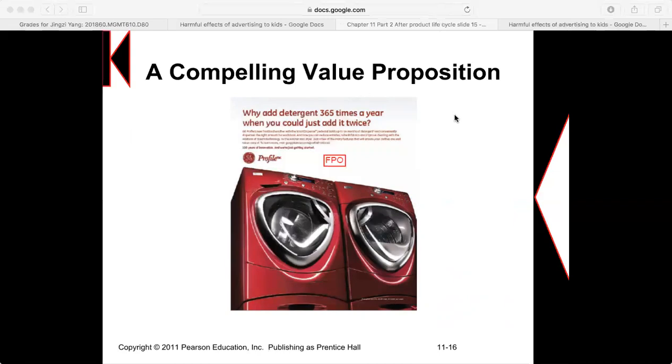Yes, you're going to pay $3,500 for our product, but the return on this investment is that you're going to save thousands of dollars over the life of this product in, like I said, detergent, water, and your clothes. And that is how they marketed.